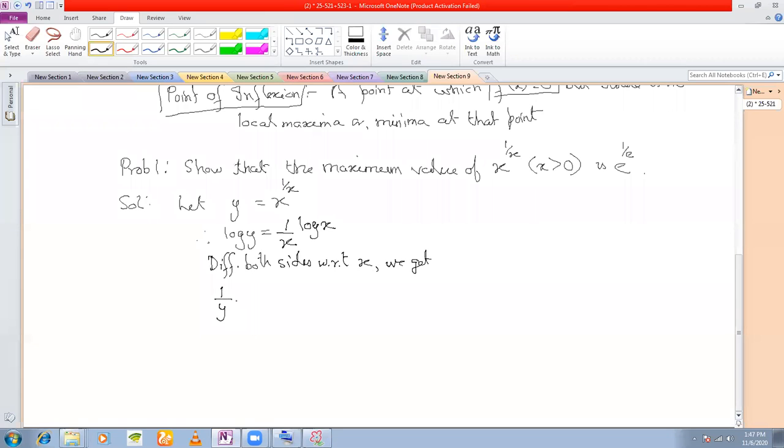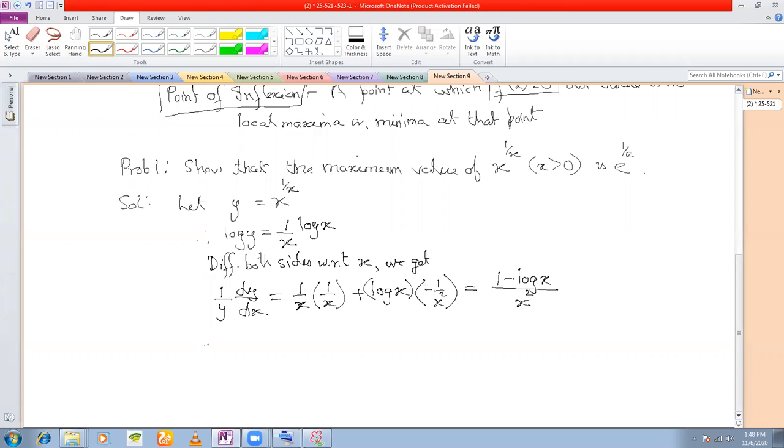1 by y dy dx. Logarithmic differentiation and implicit functions, remember? It is equal to 1 by x into d dx of log x, which is 1 by x, plus log x into d dx of 1 by x, which is minus 1 by x square. If you take the LCM, you are getting 1 minus log x by x square.